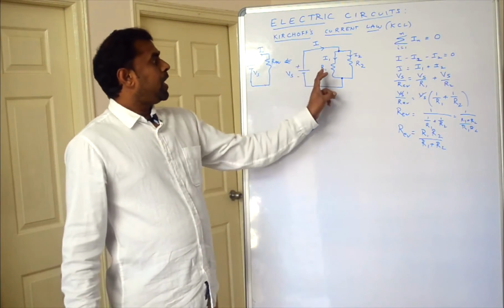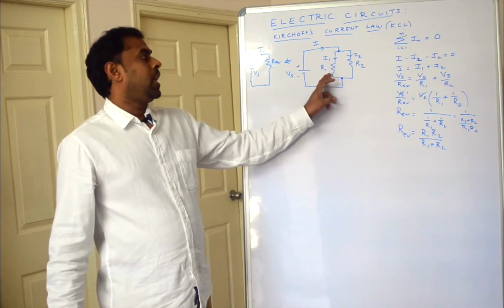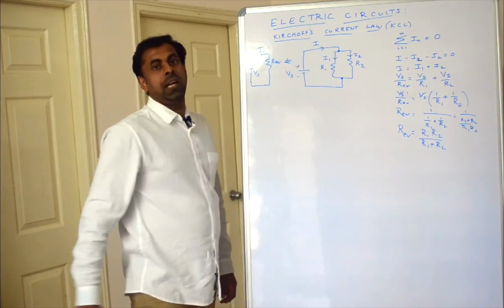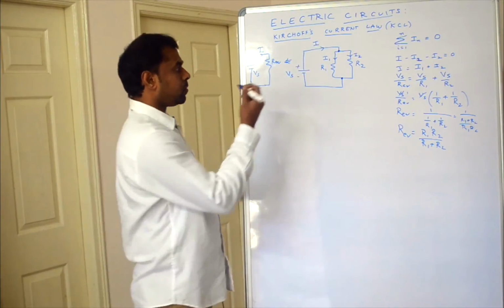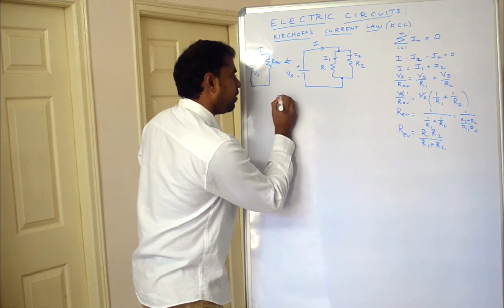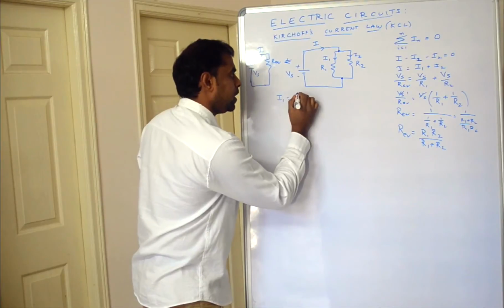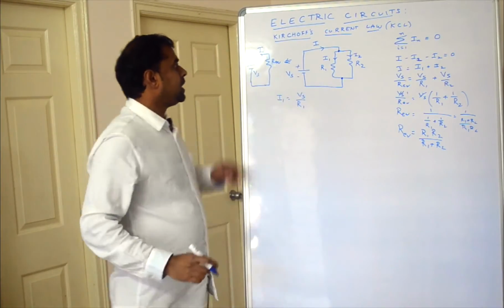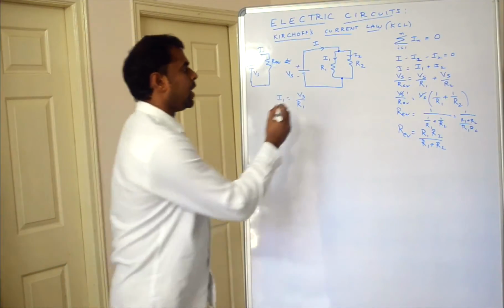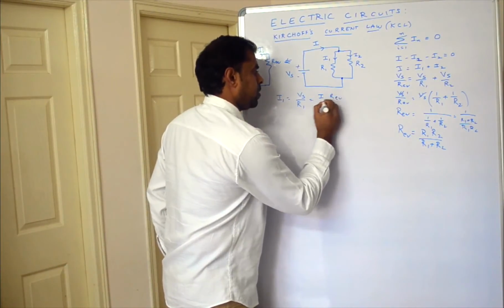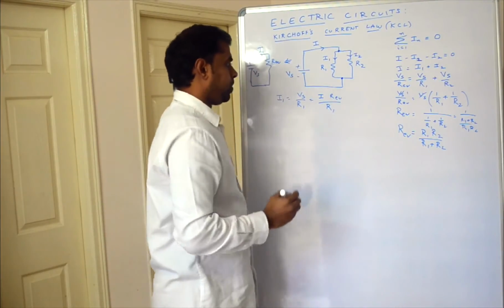Next, we are going to derive the current in each branch in terms of the total current delivered by the source. I1 is nothing but Vs by R1. Vs is nothing but I into R equivalent by R1.